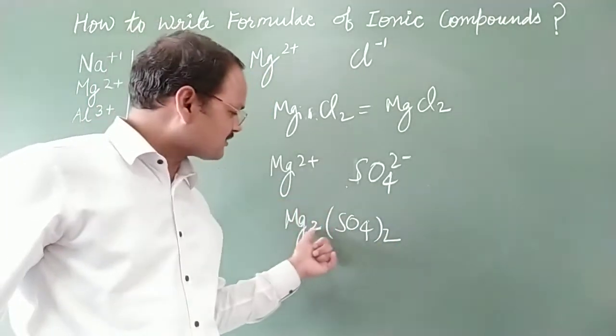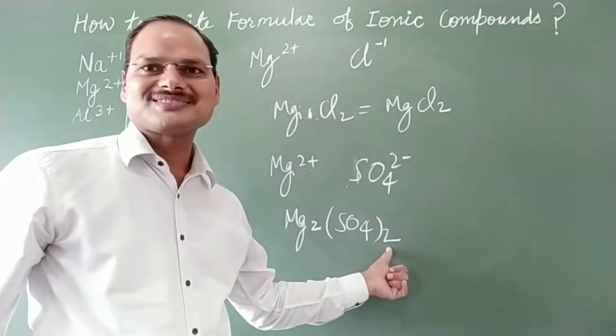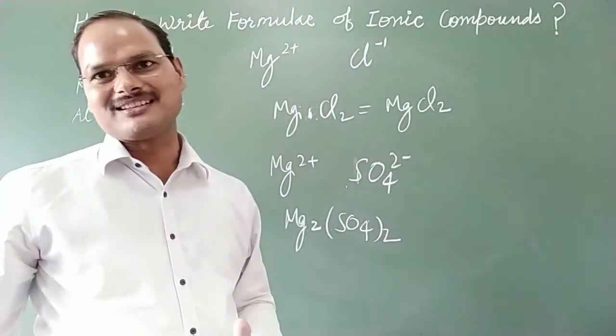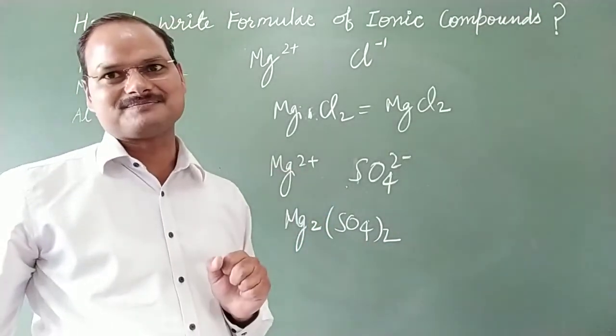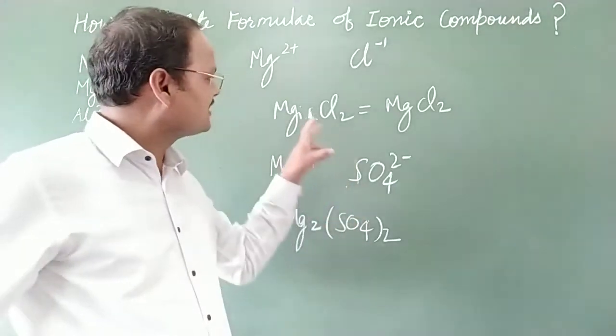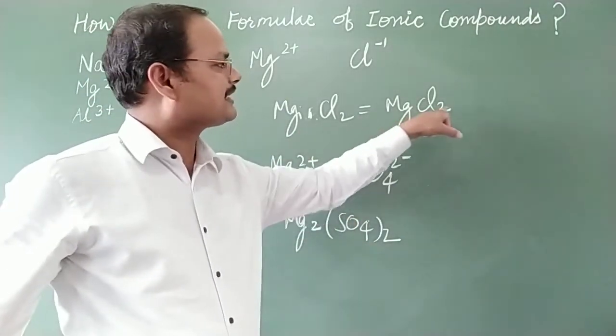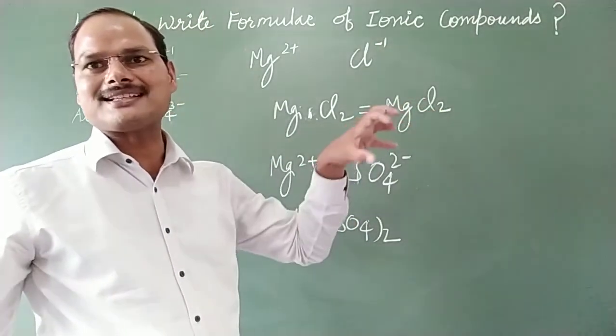Note down one more important point. If these values like 2 and 2 are not in a simple ratio, then we have to divide these values by a common factor. We should write these values for the different atoms as a simple ratio.